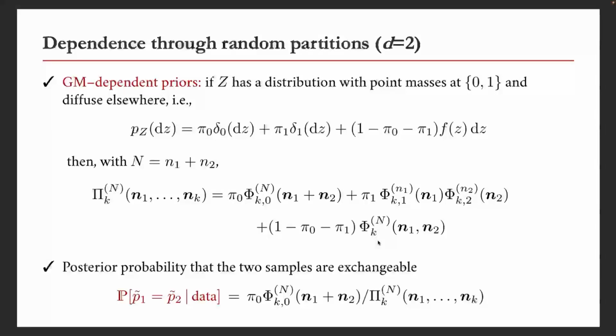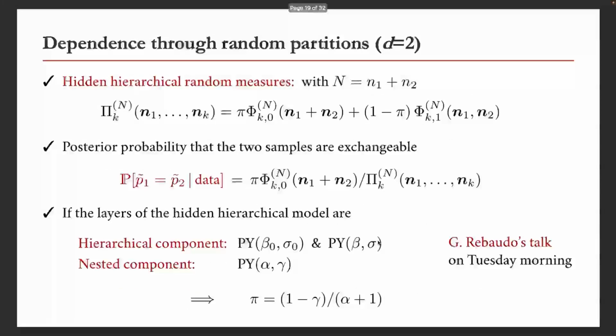And then you can address the problem, for instance, of homogeneity testing by computing the posterior probability that any two distributions coincide given the data. And the same problem can be easily addressed through hidden hierarchical random measures, for which, however, as I anticipated, the two extremes are exchangeability, this first component here, whereas the second component does not correspond to independence.